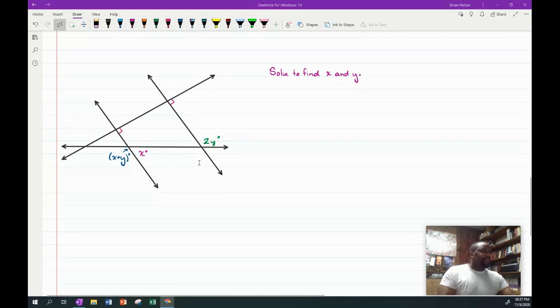So that means, since we've got those perpendiculars there, I can say that these here are parallel lines. All right. I need to know that.